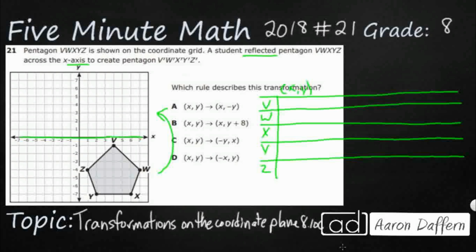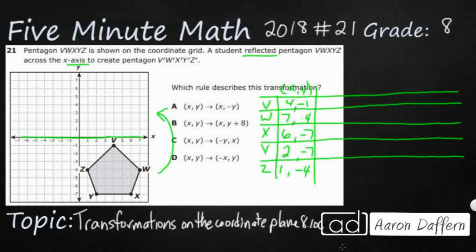For v, it's going to be 4, -1. And then for w, it's going to be 7, -4. X is going to be 6, -7. Y is going to be 2, -7. And then I'm going to have 1, -4.